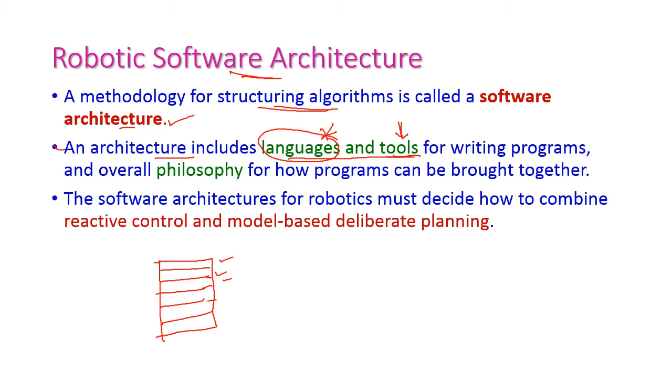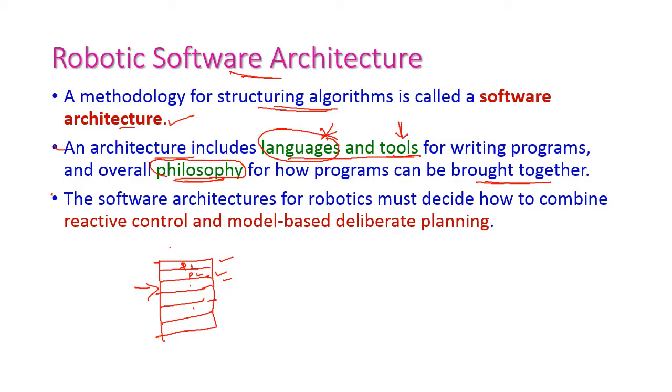Apart from that, the philosophy of how the programs can be brought together. For example, this is program 1, program 2, etc. In a particular software application many programs will be there. The philosophy for how the programs are brought together is called software architecture.